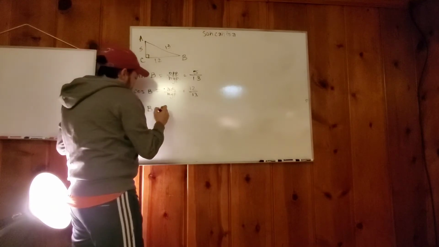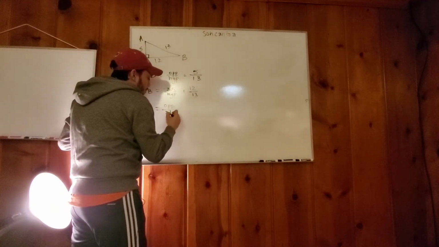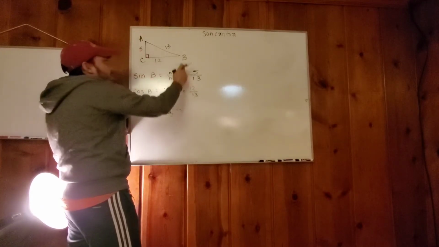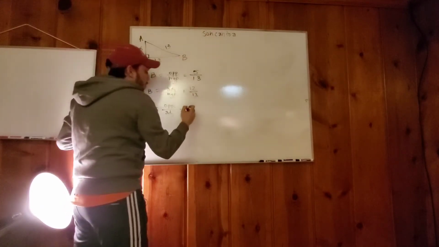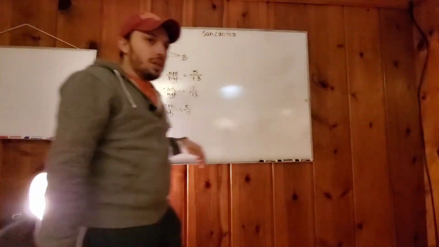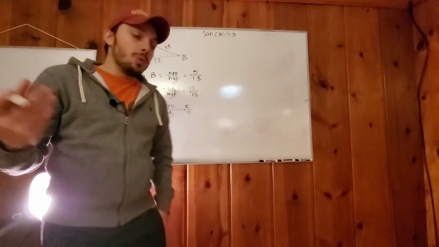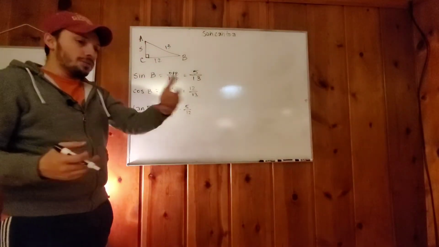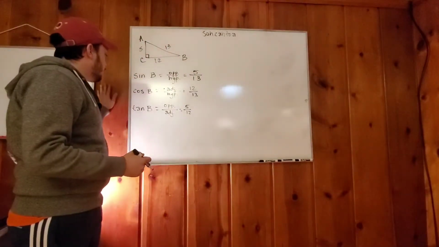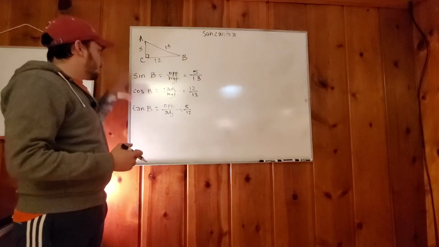And then tangent is opposite over adjacent, opposite being 5 over 12, so 5/12. I think that's all we have to do. We don't have to use the calculator here. I'm going to take it out in a second when we get a little bit deeper, but at first, this is all we have to do.